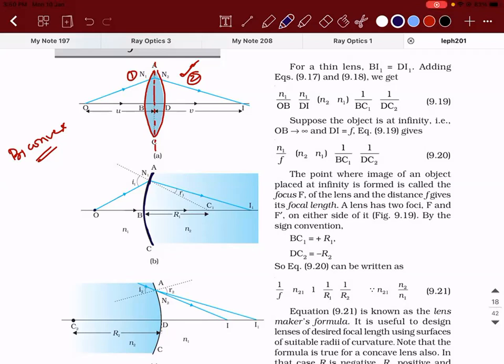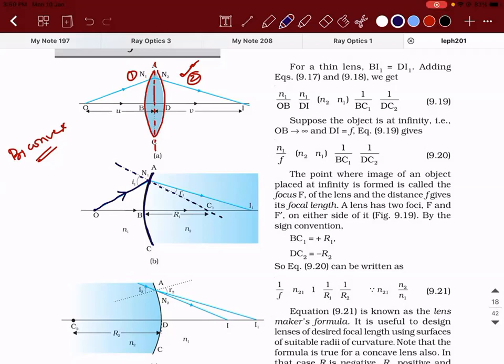The object is a point object. Now the ray is traveling in this way, and this is the normal, which is going to pass through the center of curvature of the first refracting surface.